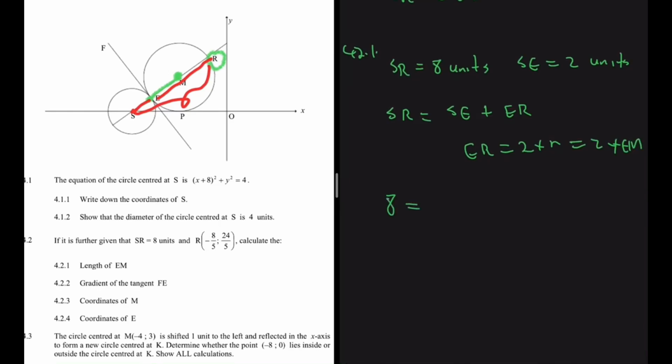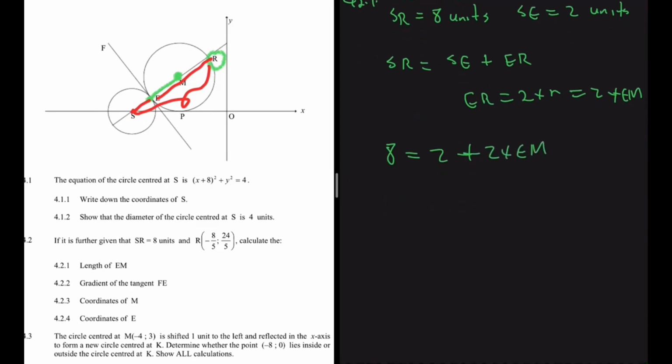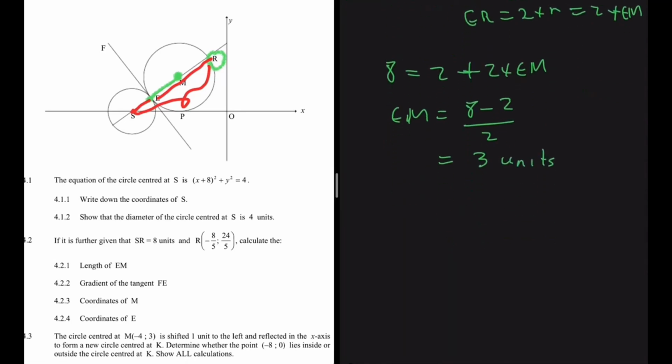In place of SE, that's 2 units. And in place of ER, that's 2 multiplied by EM. So you can see now that EM will be equal to (8 minus 2) divided by 2, right? So 8 minus 2 is 6, and 6 divided by 2 is 3. So EM is 3 units, right? And now we can do 4.2.2.